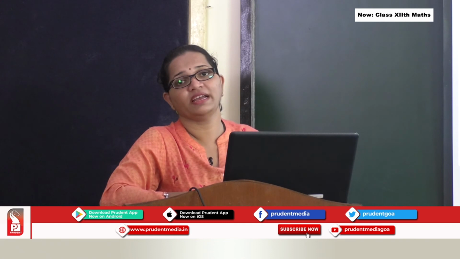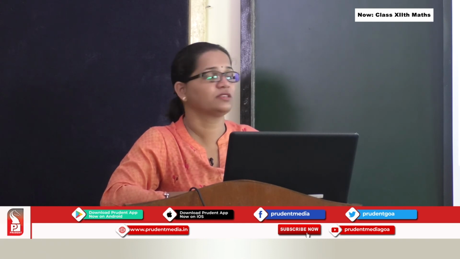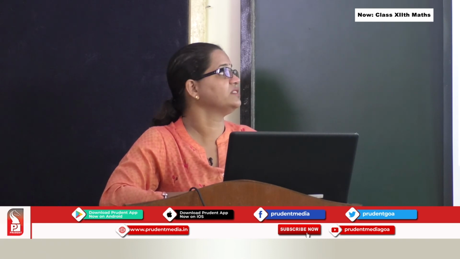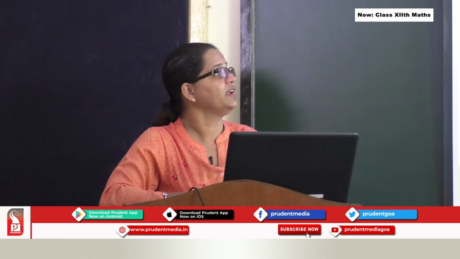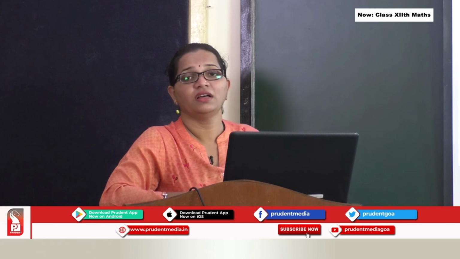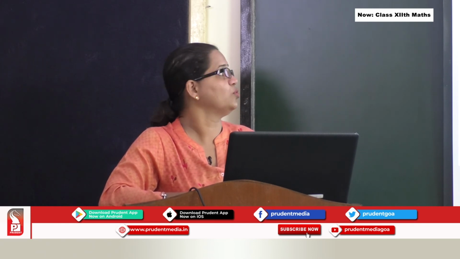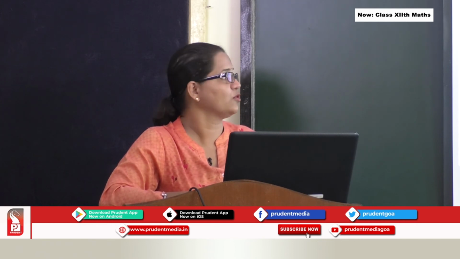My output I get as a column matrix. So over here the order changes. So it is 3 into 1. Okay, 3 into 1, I can have as many rows as I like, but the column is supposed to be 1. Okay, so this is a row matrix. When I take the transpose, I get a column matrix.